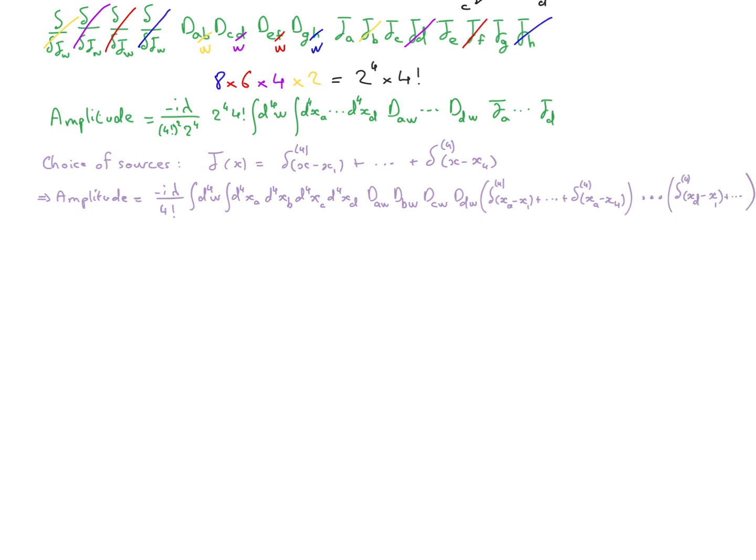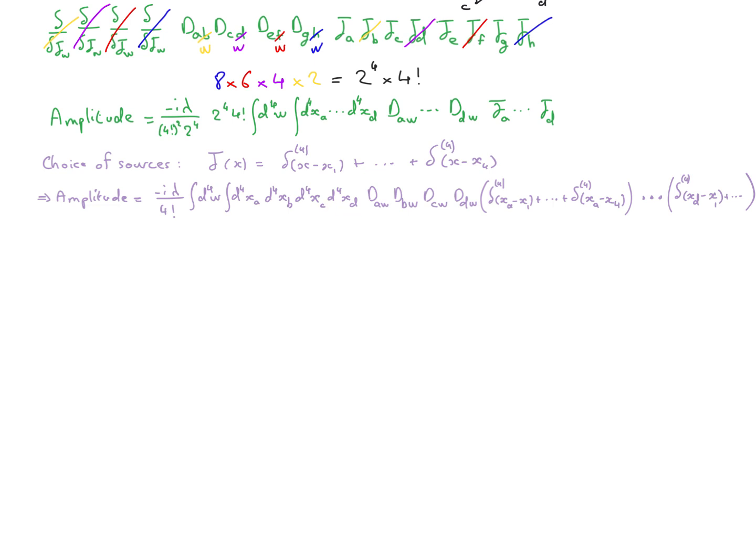Each of the integrals over xa, xb, xc, xd is going to be killed by a delta function. However, we see that we have 4 possibilities for each variable. For xa, it could be killed in x1, x2, x3, or x4, and the same thing for all the other variables.